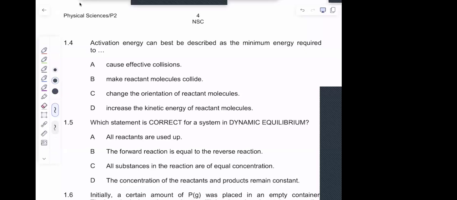Remember, guys, don't panic, don't speed. Read it carefully, take your time, and you'll be able to get the right answer.